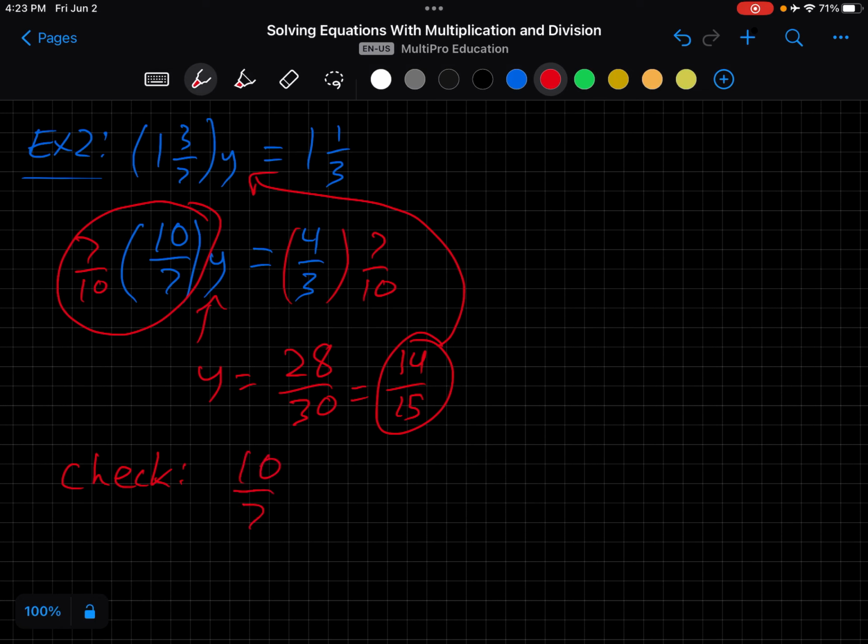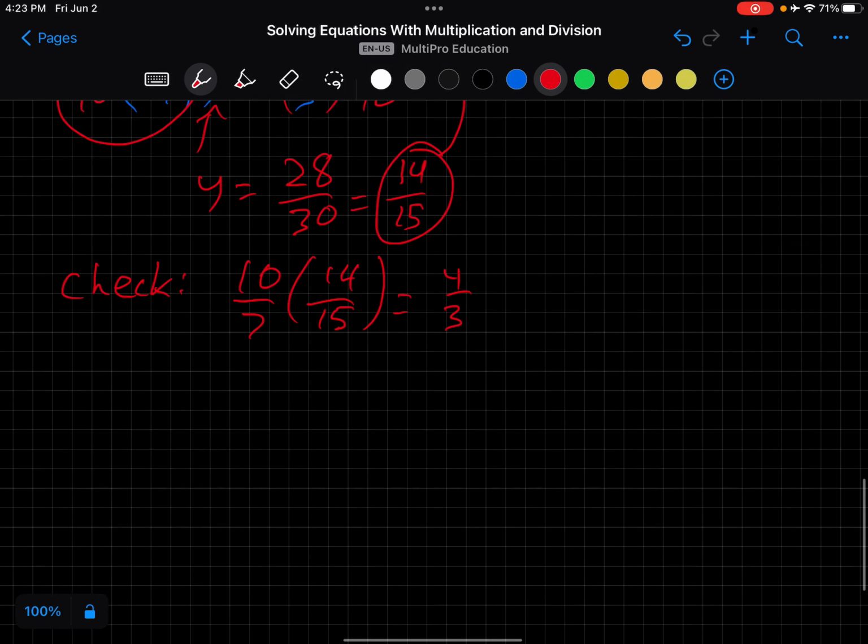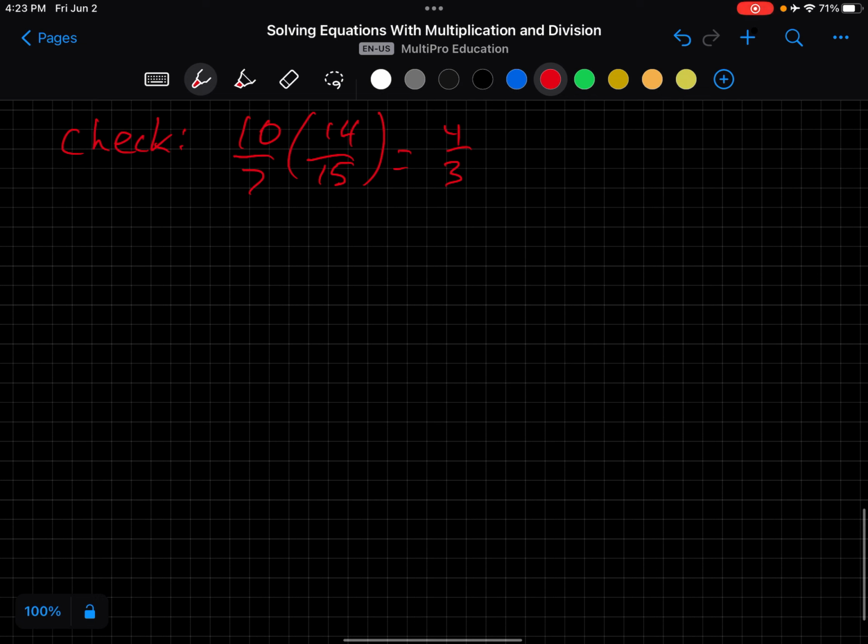So when we did the improper fraction, we had 10 over 7, and if we plug it in for y, it's 14 over 15, and then this was equal to 4 over 3. So 10 times 14 is 140. 7 times 15 is 105.